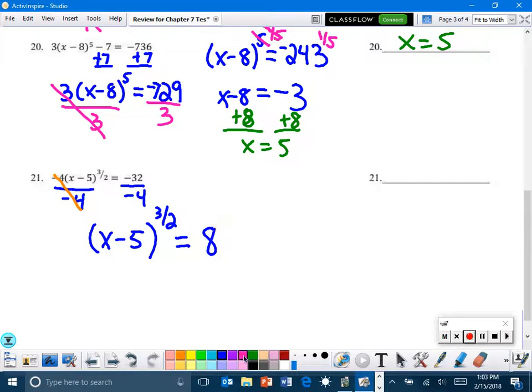Now we're going to get rid of the 3/2, so we're going to do 2/3. Now we can't get rid of the 5 or the minus 5 because that's inside the parentheses. First we've got to get rid of the exponent. All right, so 3/2 and 2/3 cancel.